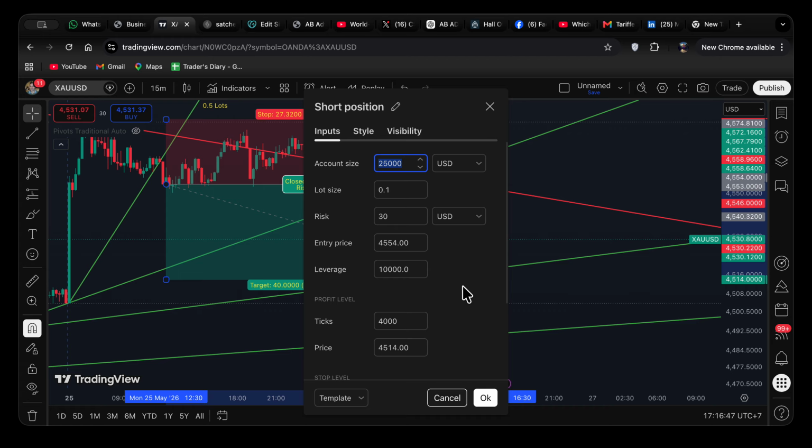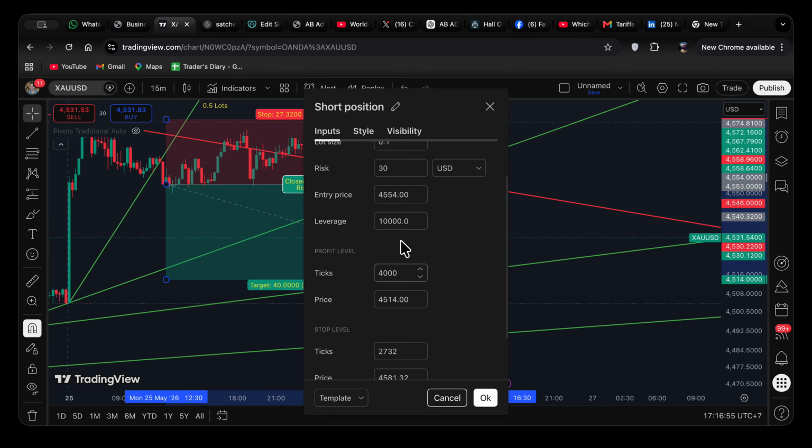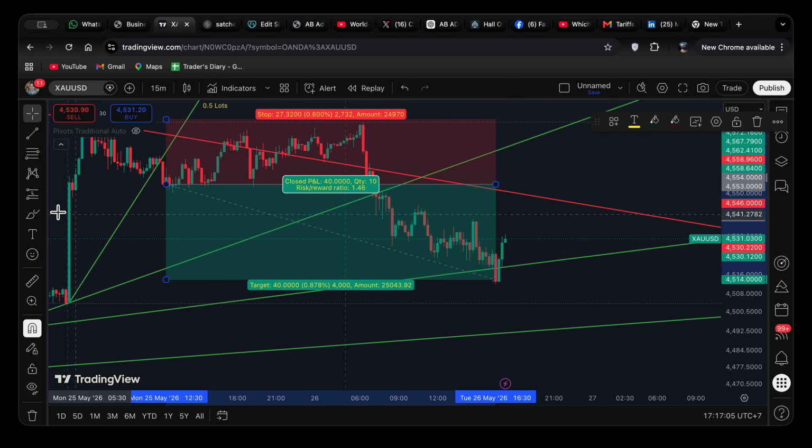So entry price 4,554 and profit level 4,514. That's a $40 change in the price of gold. With the 0.5 lot sizing, it would have made me $2,000.